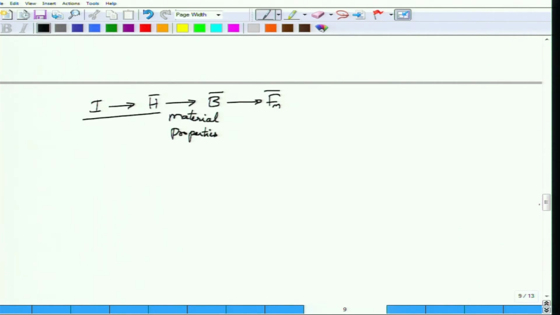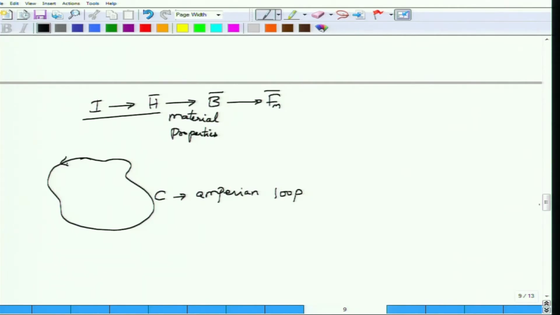In a series of experiments, the engineer Ampere showed that if you take a closed path, which is now sometimes called an Amperian loop or Amperian path in honor of Ampere, and you calculate the line integral of the magnetic field H around this closed curve C, you will find that this would be equal to the total current that is enclosed.